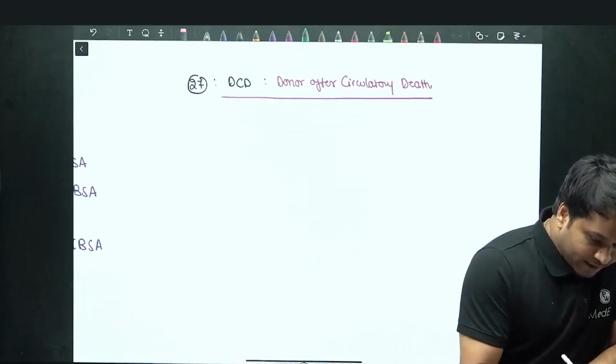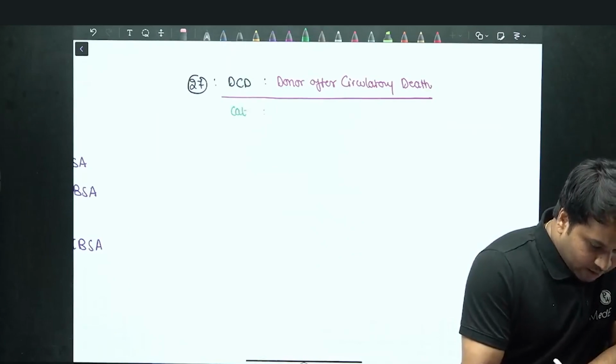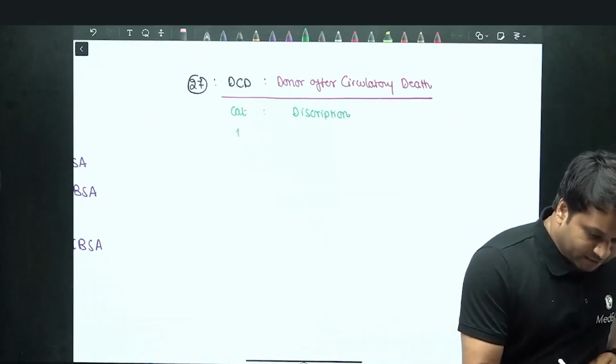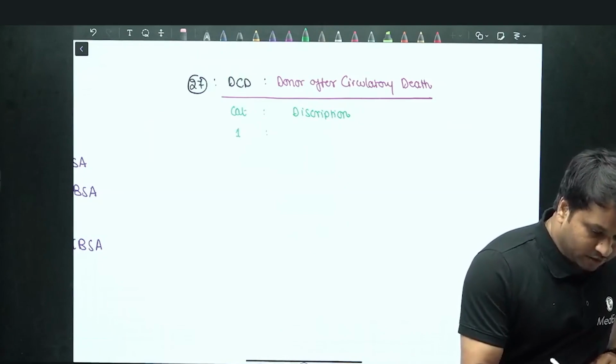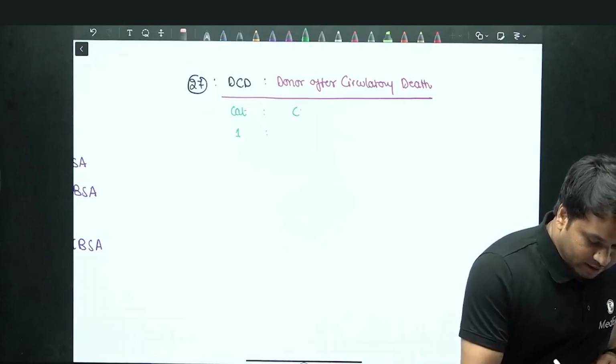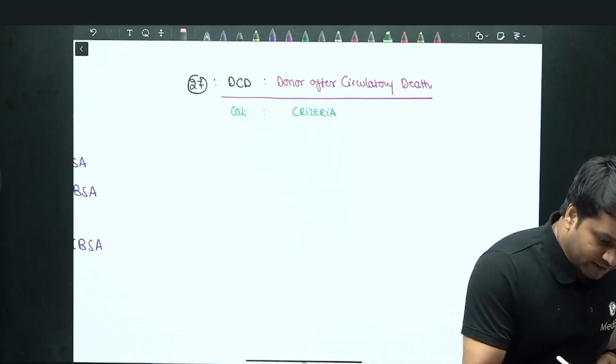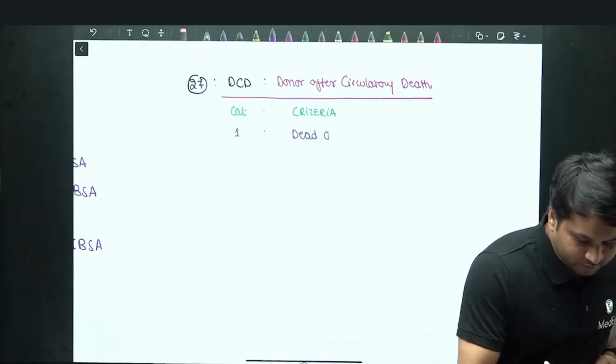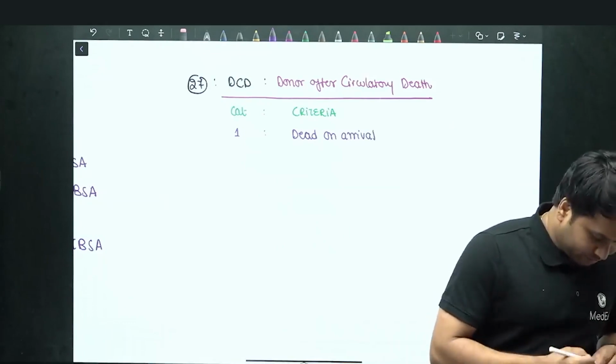Now, let's talk about their categories. We have categories on one hand and the description on the other. We have category 1, which is dead on arrival.